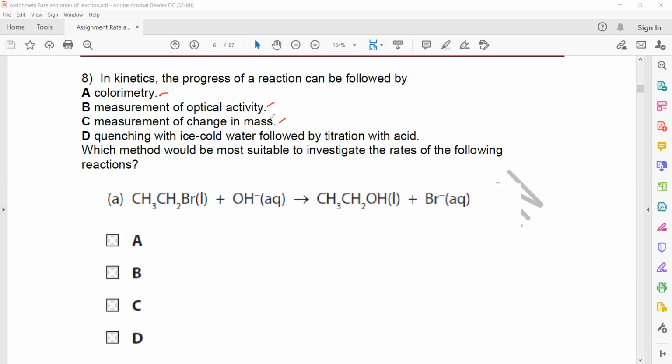Measuring the change in mass is possible if a gas is given off. Quench with ice water followed by titration with acid. OH means alkali, so the right answer for part A is D, because an alkali can be quenched with an acid.